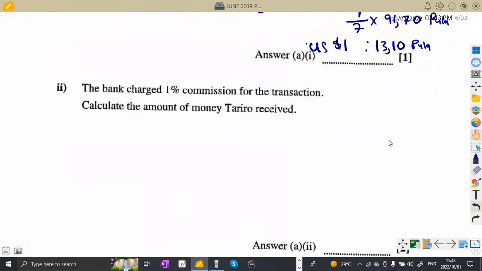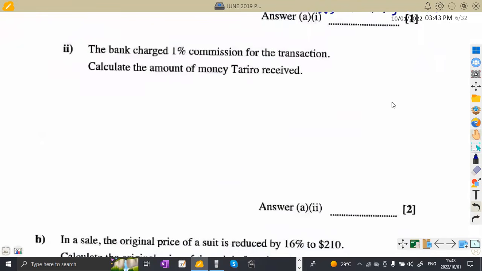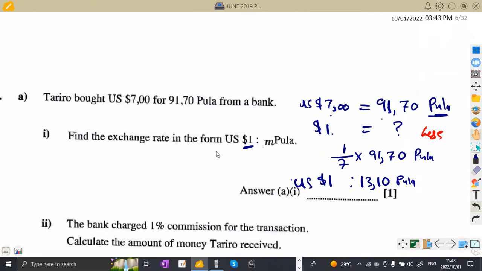Okay, then at item 2, now we are given that the bank charged 1% commission for the transaction. Calculate the amount Tariro received. So these guys are actually taking a certain commission out of this amount. So remember, Tariro here is working with the dollars, because this is what she got.